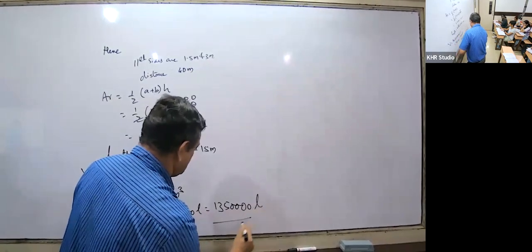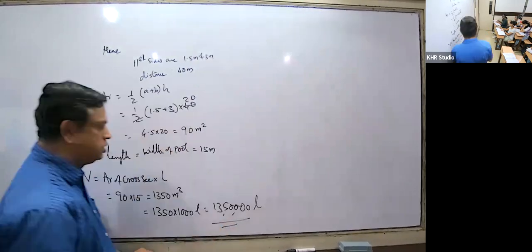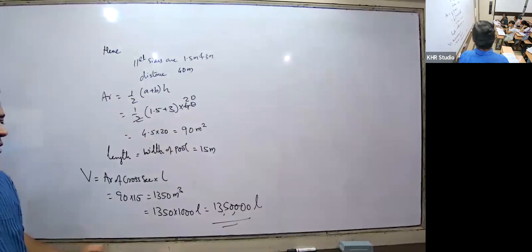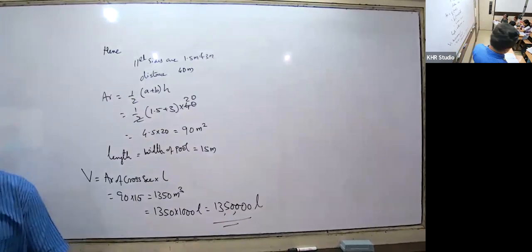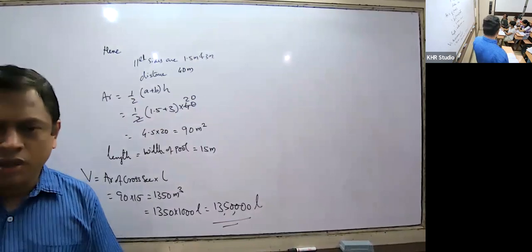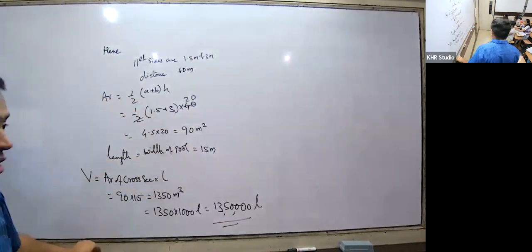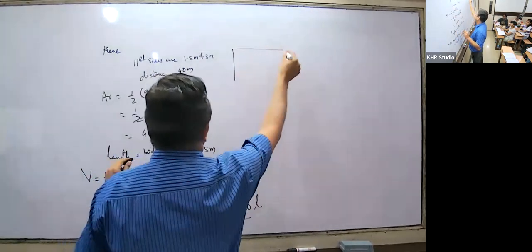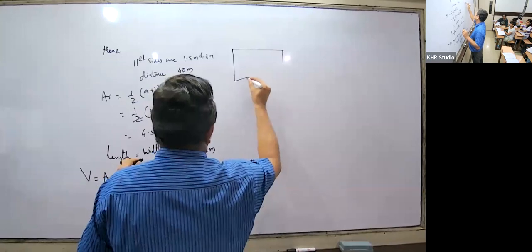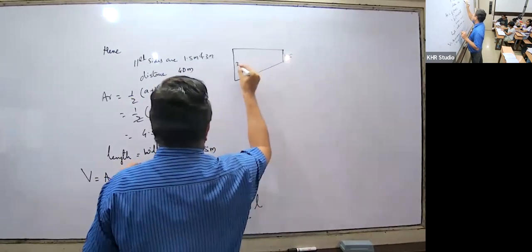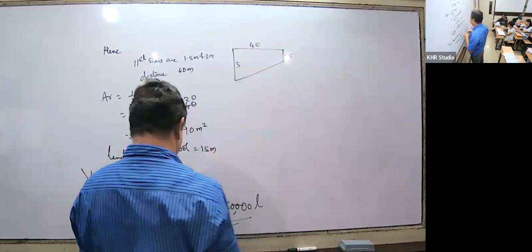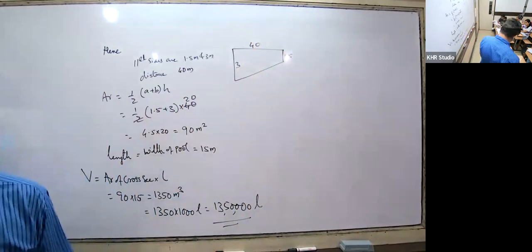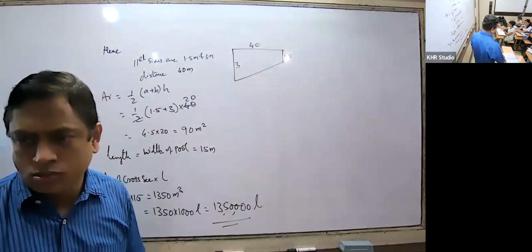How much? 13,50,000 liters of water. If you need, you can draw the cross section figure over here and keep it: 1.5, 3, and 40. Hope all of you followed. Yes. Okay, that was question number 2.